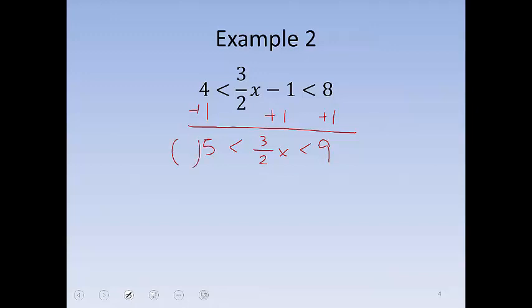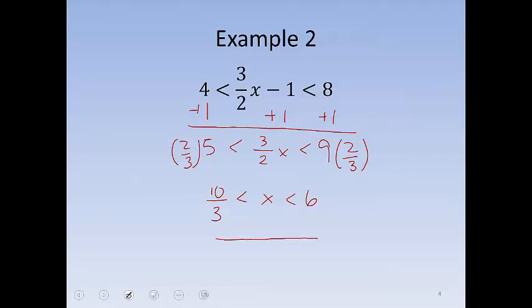So I multiply this by 2/3, and I multiply this one by 2/3. That's multiplication there. When you multiply 2/3 times 5, you get 10/3. And we're going to leave it as an improper fraction right now. Less than x, less than, this one does reduce, 6.